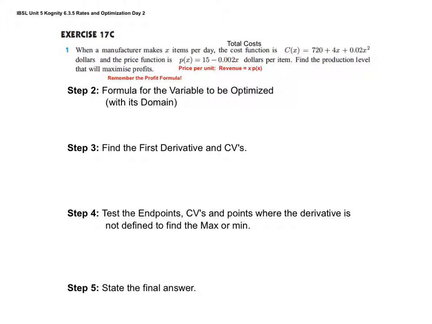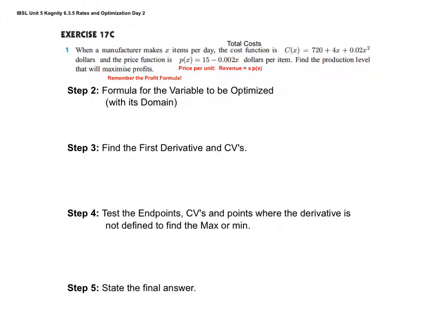And the price function, this is where it's a little tricky, that's the price per unit, is P of X equals 15 minus 0.002X dollars per item. That's how much we're going to sell it for. I've had some read this problem thinking that's the marginal cost. No, this is the price that we're selling this thing for.